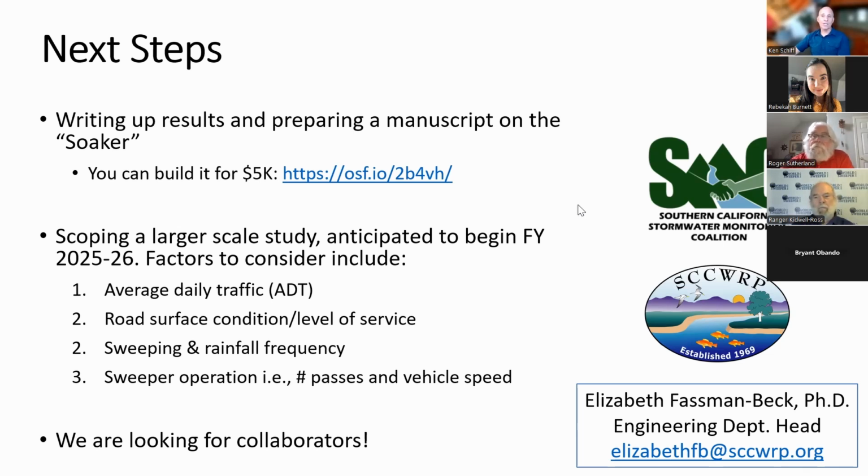Yeah, so that's a great question. We all presume that the street surface type and its condition, like whether it's rough or smooth, like some of the previous talks, will make a large difference. It'll make a large difference on the types of particles that will land there, on how well it can be swept, and on the rainfall amount that it's going to take to wash off the pollutants.